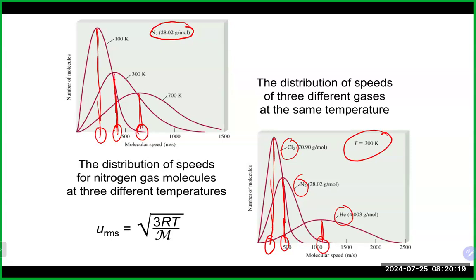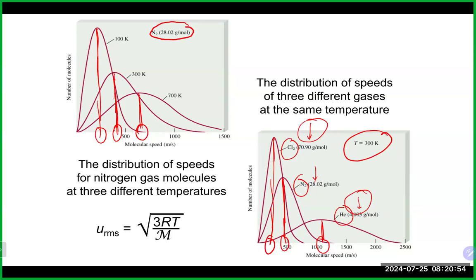And really, as we alluded to in that partial pressure question we did, it is based off of molar mass. Helium is the lightest of all the gas molecules there, and it is traveling faster. Out of these three, chlorine is the heaviest. Because it has a greater molar mass, it's going to be traveling slower at the same temperature. If you remember, I think helium contributed a lot more to the partial pressure in that mixture than we saw with neon.